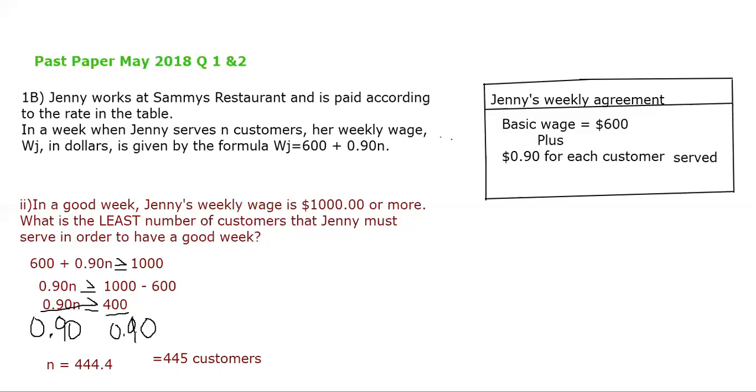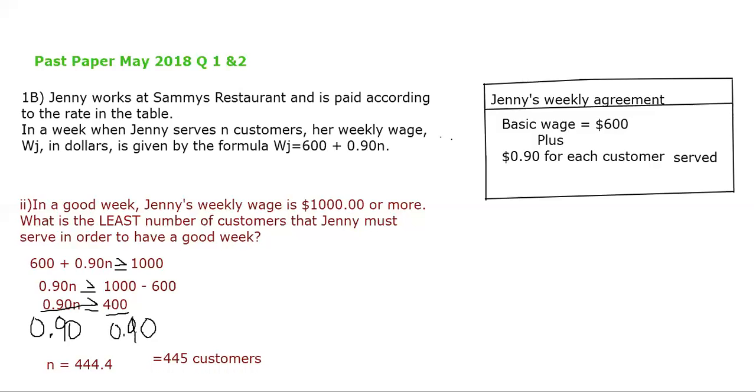So, of course, you would need to round it to the lower side, right? Now, since we're rounding it to the lower side, we would get fewer customers than what would be required for the 1,000. Good. So let's say we got rid of this and we say 444.